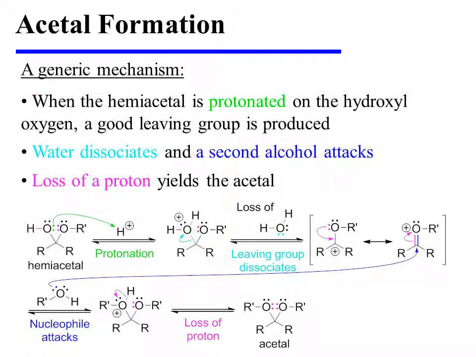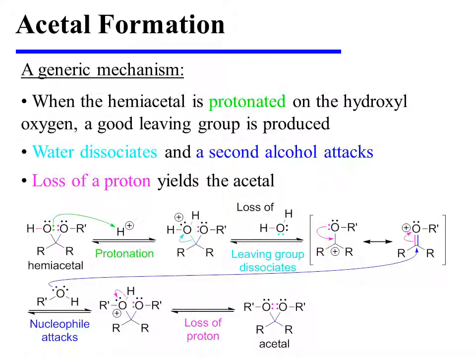When the hemiacetal is protonated on the hydroxyl oxygen, a good leaving group is produced, and water therefore dissociates. This results in the formation of a carbocation that is resonance stabilized.